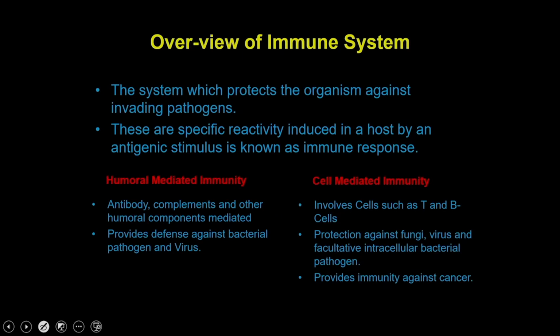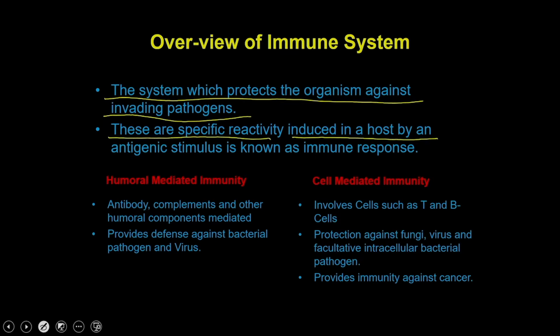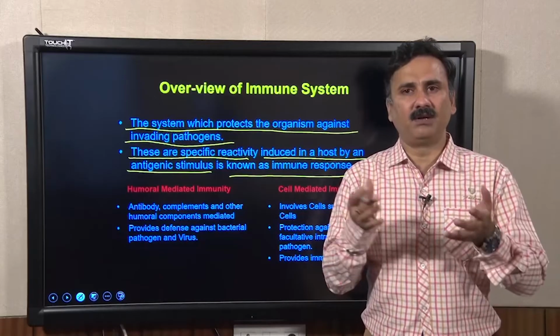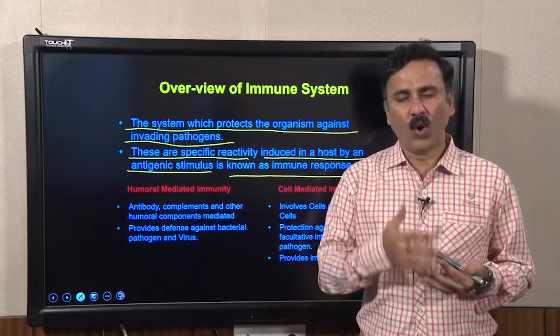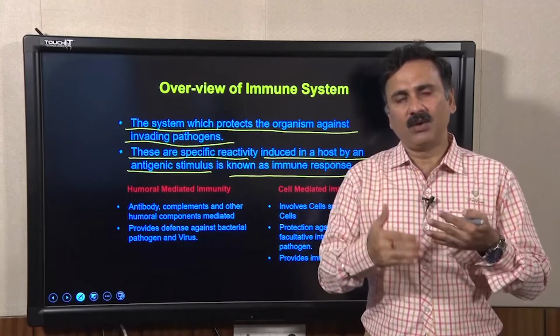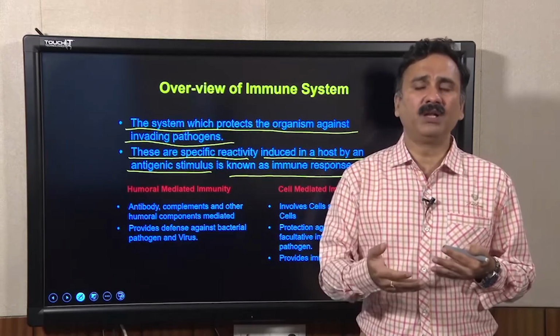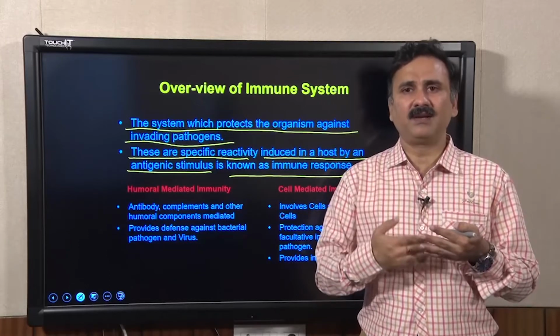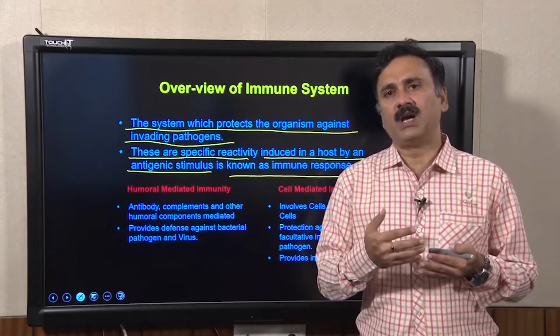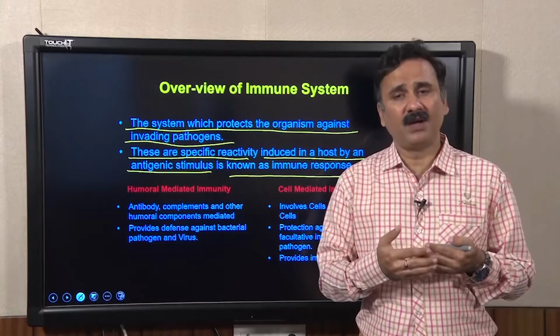The immune system is the system which protects the organism against invading pathogens, and the specific reactions induced in a host by an antigenic stimulus are known as the immune response. Once a foreign antigen such as a bacterium, virus or fungus enters the host, the host recognizes this organism as non-self, and in response the immune system starts exerting reactions which are going to destroy these foreign organisms.